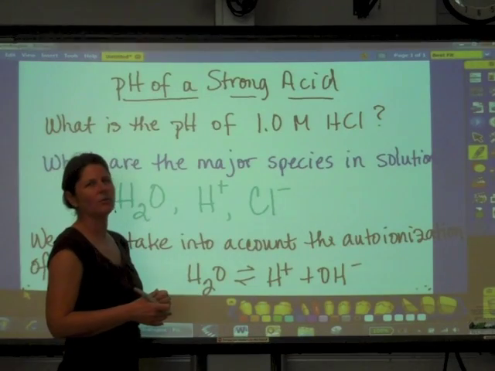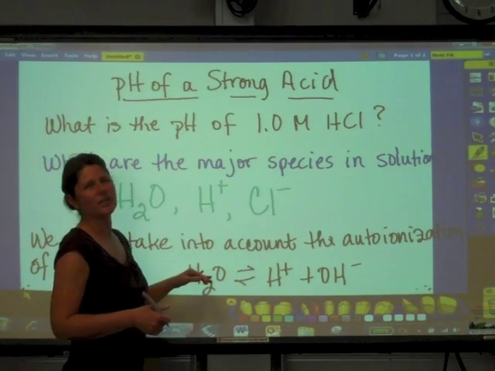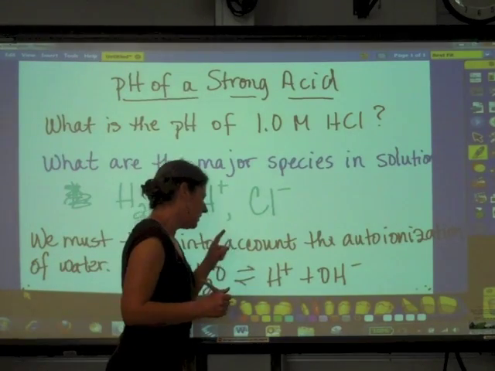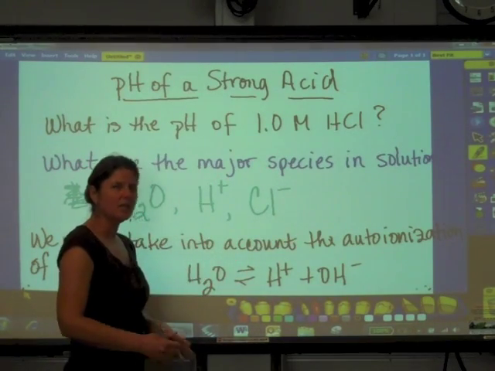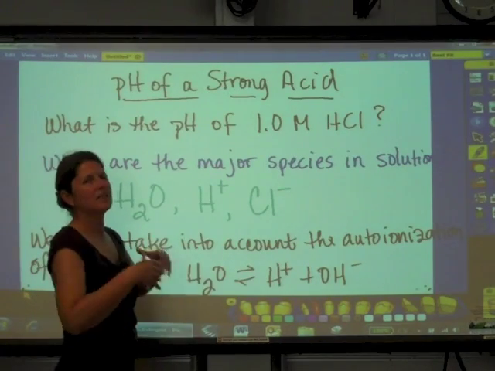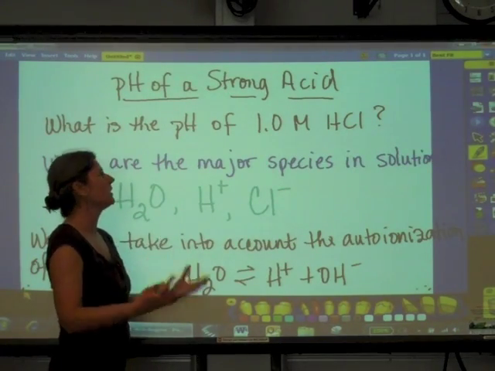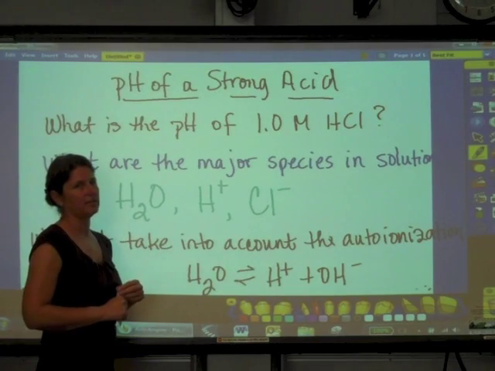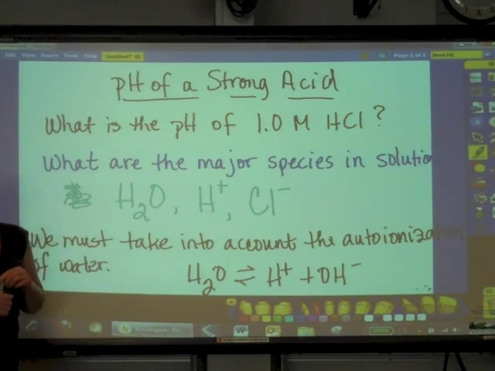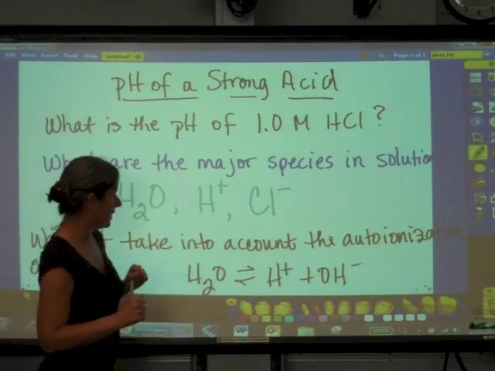And so we don't need to worry about it, okay? It is not going to be a significant enough amount of hydrogen ion to have to take into account to calculate this pH. All right, so I'm going to write that down actually.